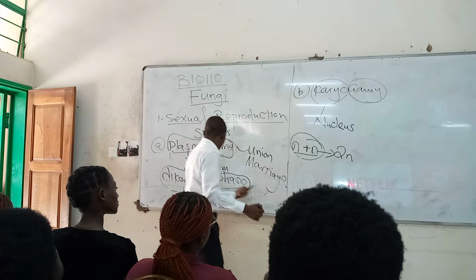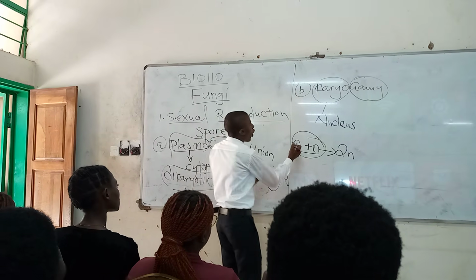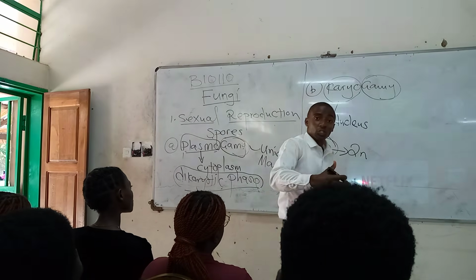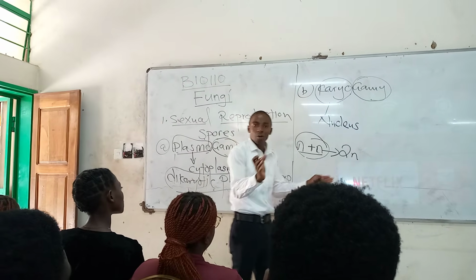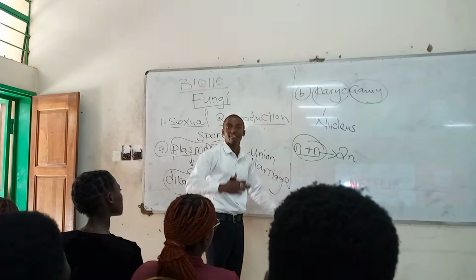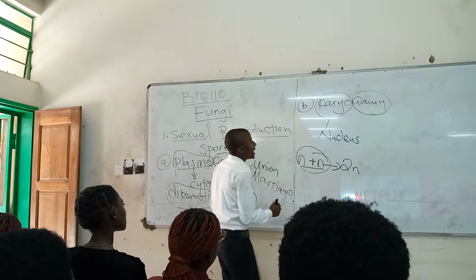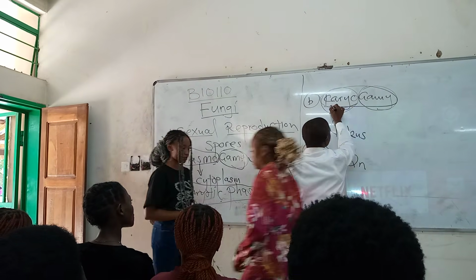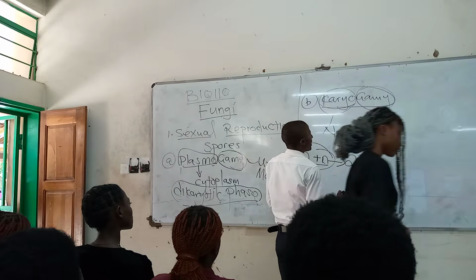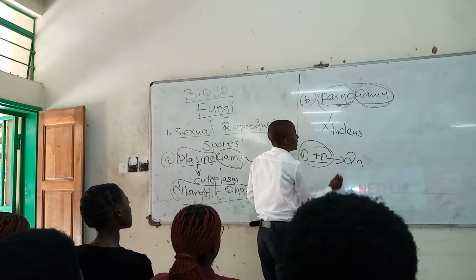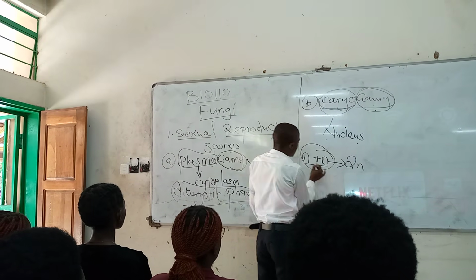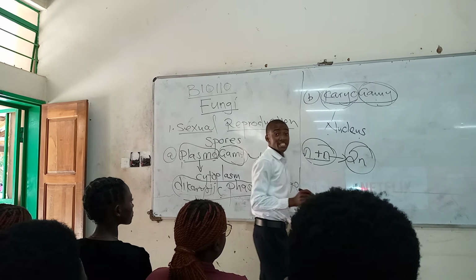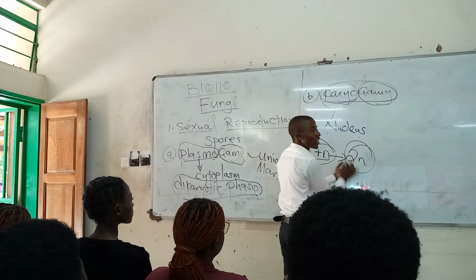The purpose of this phase is that it gives time to the growing fungi so that they are not exposed to harsh environmental conditions. Is it making sense? Yes. Now the second process I'm referring to is karyogamy. That is where there is the fusion of these two nuclei to form a diploid nucleus. In short, that is a zygote.